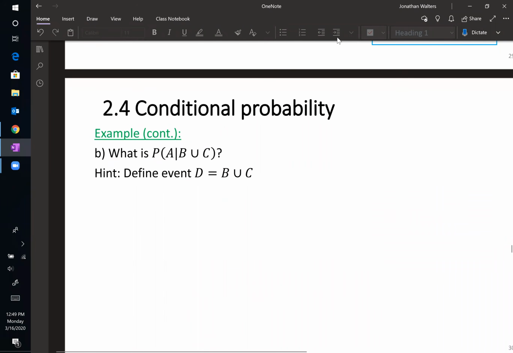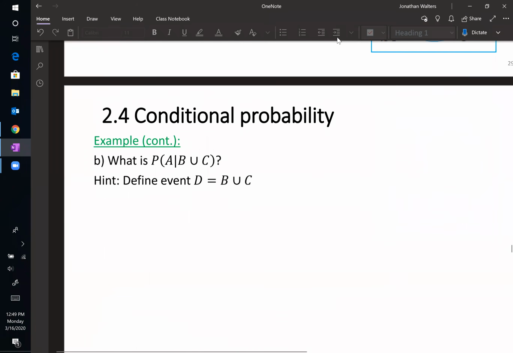All right, part B, a little bit more complicated. What is probability of A given B union C?